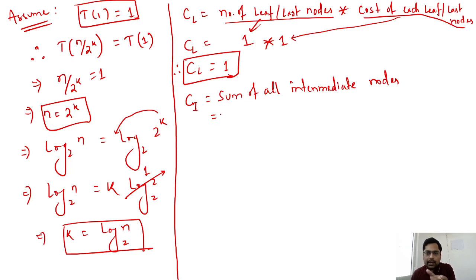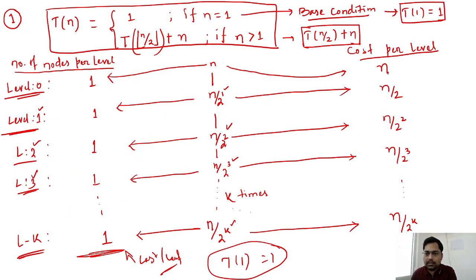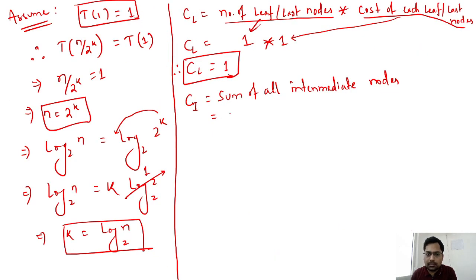When you are actually adding the sum of all intermediate nodes, this time n by 2, n by 2 square, n by 2 cube, like this, it will be added. n plus n by 2 square plus n by 2 to the power 3, n by 2 to the power 4 might be the next one. So n by 2 to the power k.